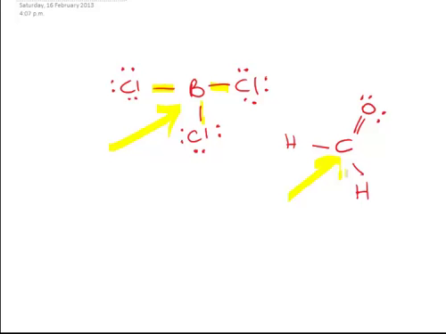In this one, methanal, we have a carbon with a double bond to the oxygen and 2 single bonds to the hydrogen. That's still just 3 regions, 1, 2, 3. So in each case we draw them in a similar way. So, because the bond angle will be 120 degrees. That's because 360 divided by 3.